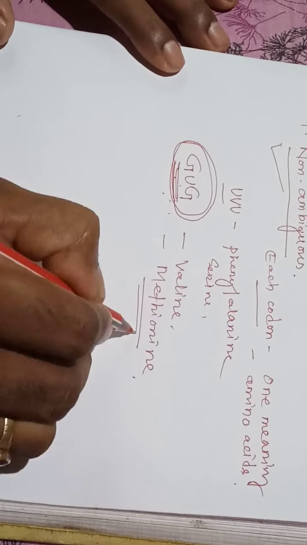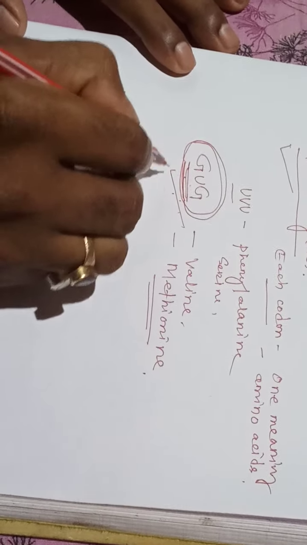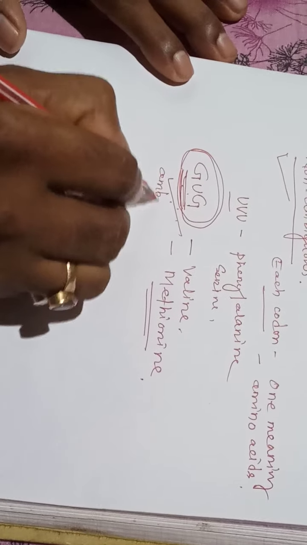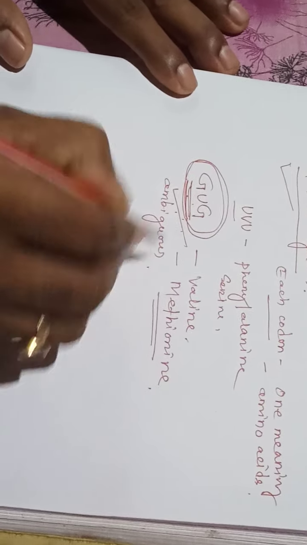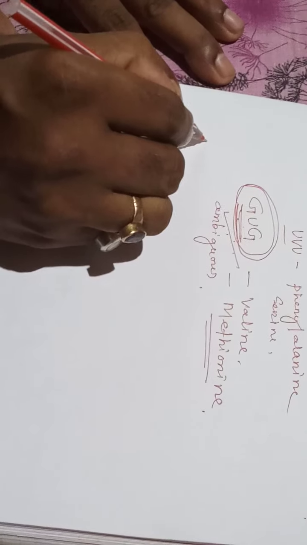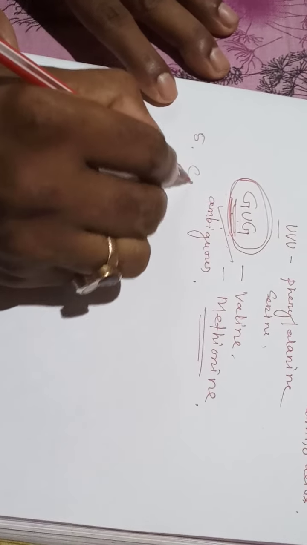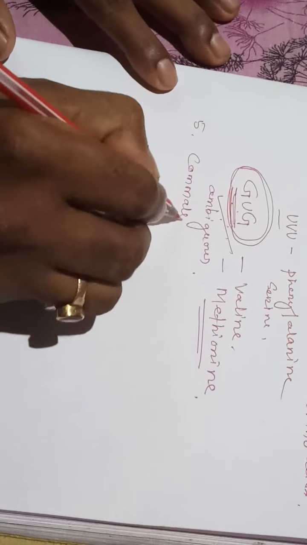Because of this, the GUG codon is ambiguous.